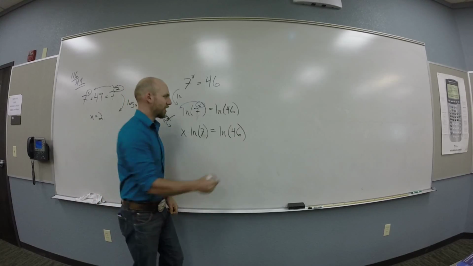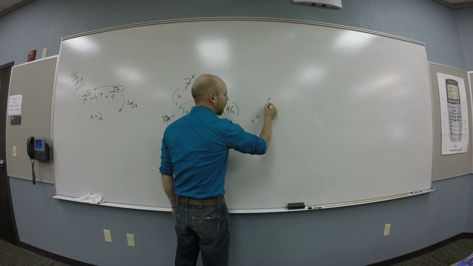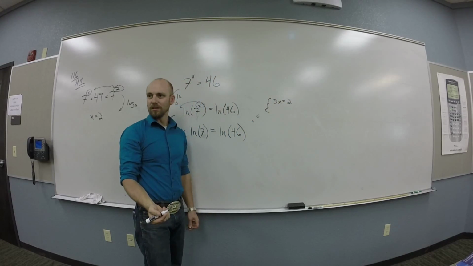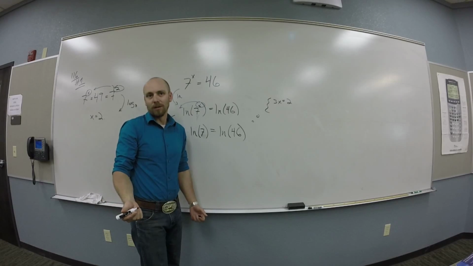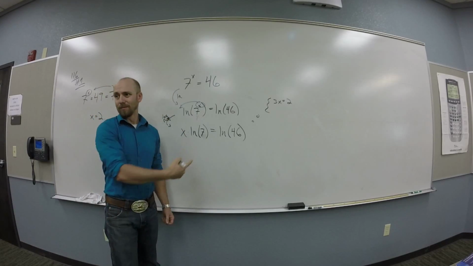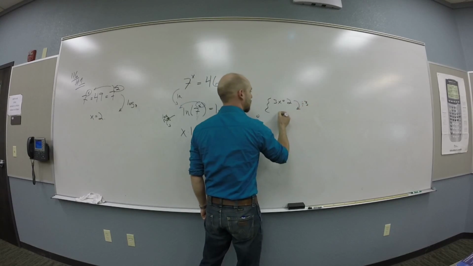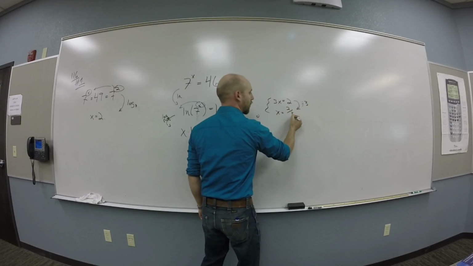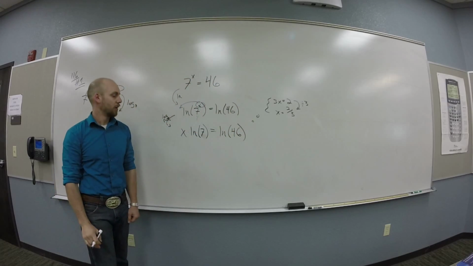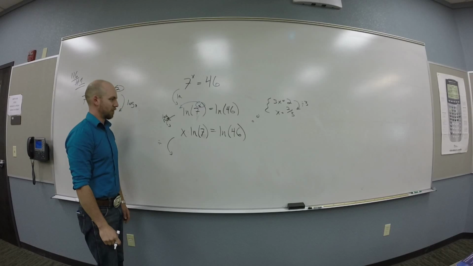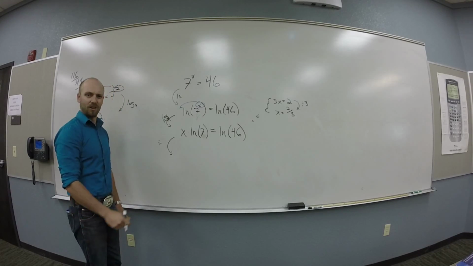Right? You might think to yourself, well, if you had 3x is 2, what would you do to both sides? Yeah, you divide by 3. Same thing, right? But think, okay, I'm going to divide by the number on x. So I'm going to get x is 2/3, right? In my kind of thought. Here, what am I going to get? If I divide both sides by, which one was I dividing by again? 7.